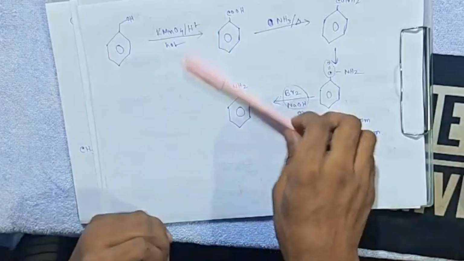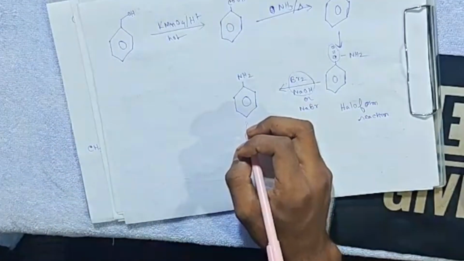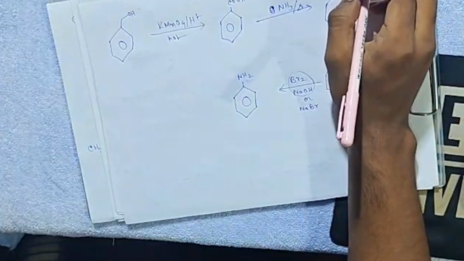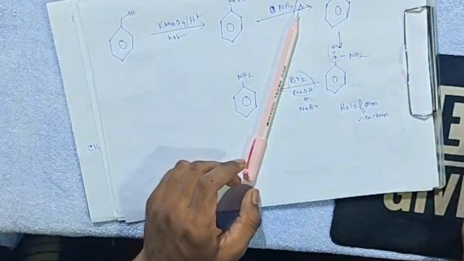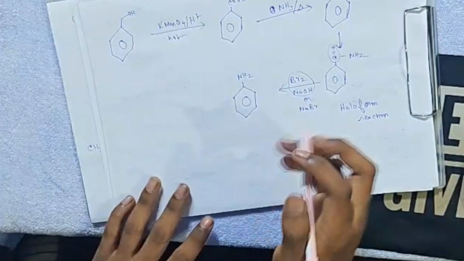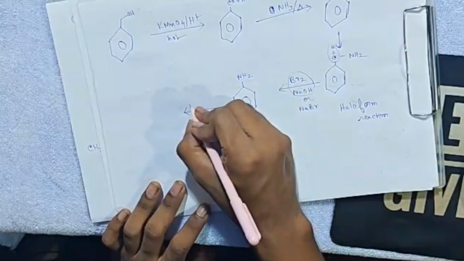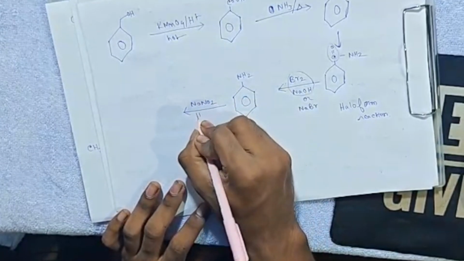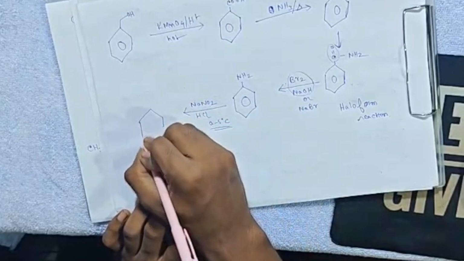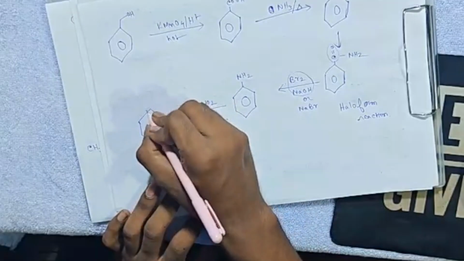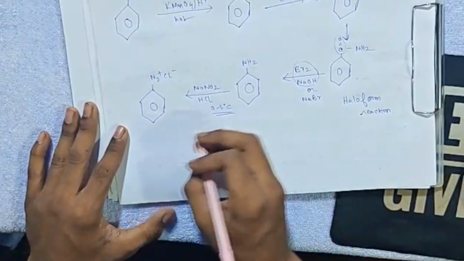Now in this haloform reaction product, if you give NaNO2/HCl at 0 to 5 degrees Celsius, remember this, it will get converted to N2+ Cl-, studied earlier, I've taught.